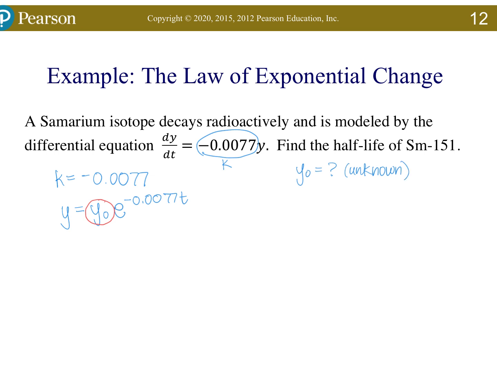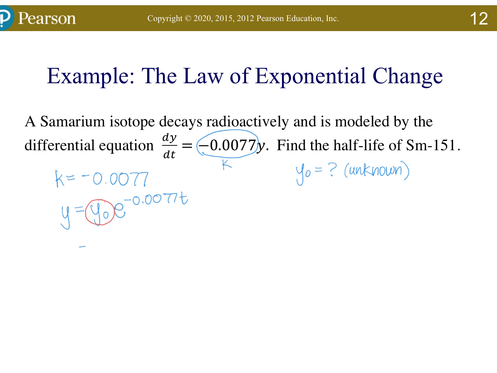With any unknown value, in decay, we want to get down to half of that unknown value. So if the unknown value is 100, we want to get down to 50. If the unknown value is 8, we'd want to get down to 4. Regardless of the exact value of the initial amount, we want to get down to half as much.